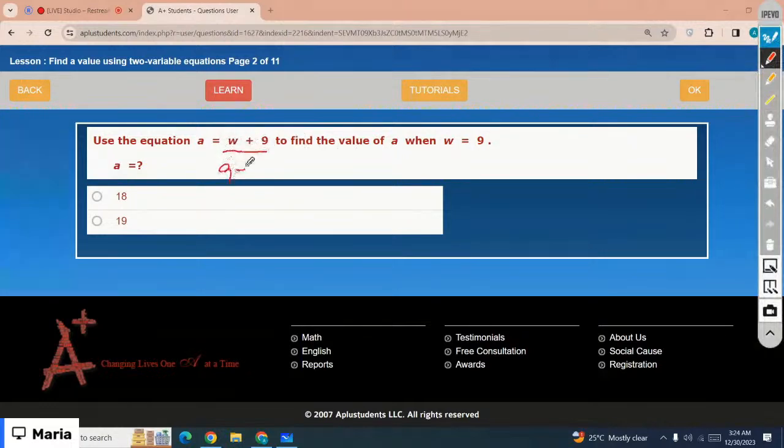So that is 9 plus 9, and 9 plus 9 equals 18. The correct option is 18, right? Option number 1 is the correct option.